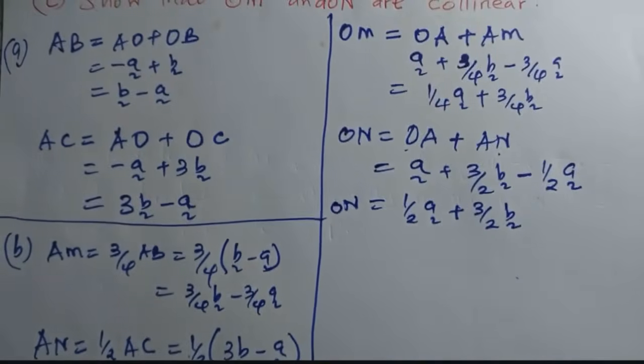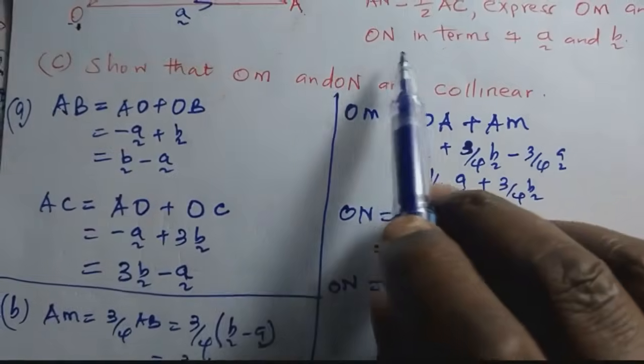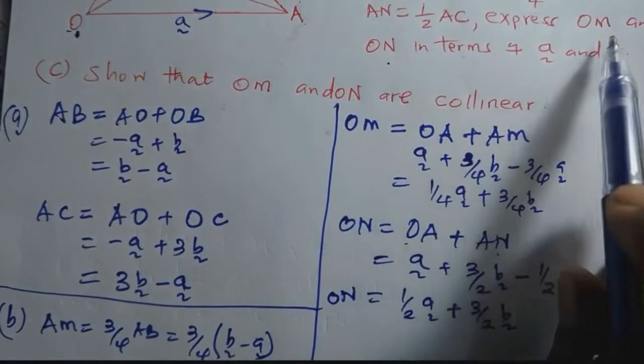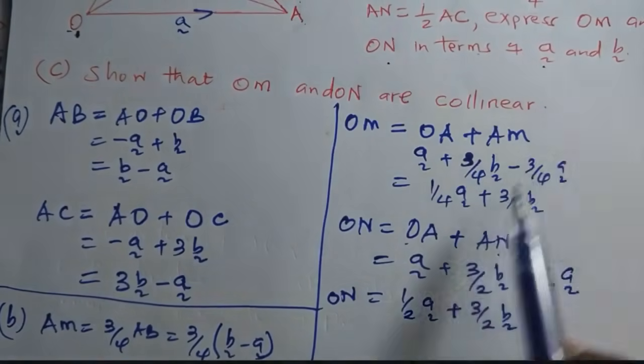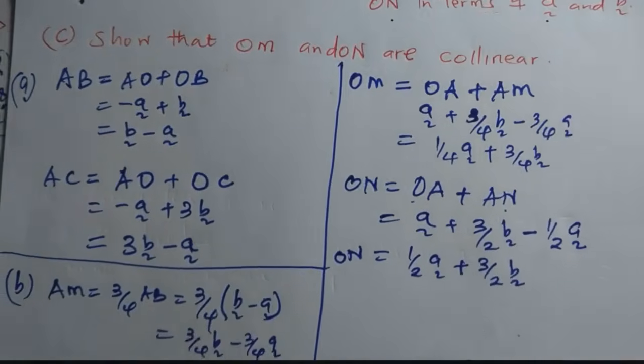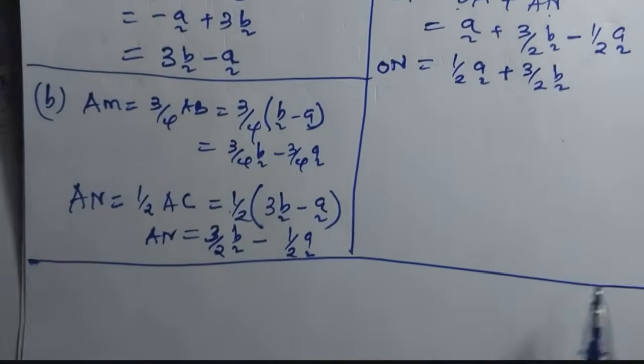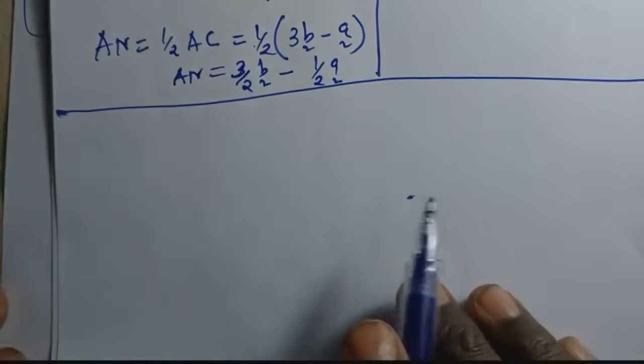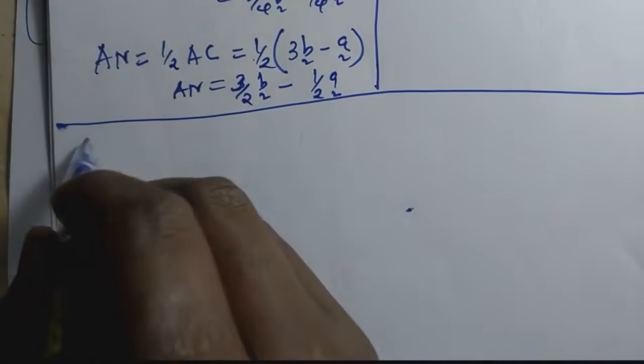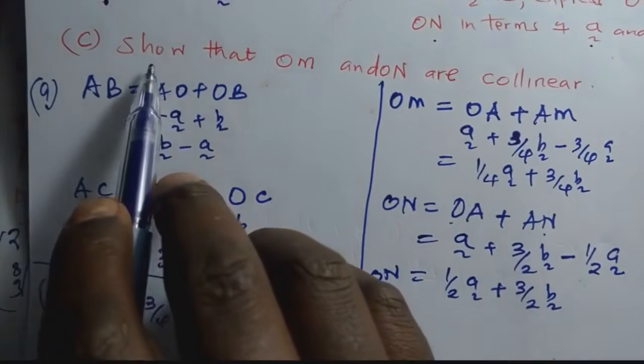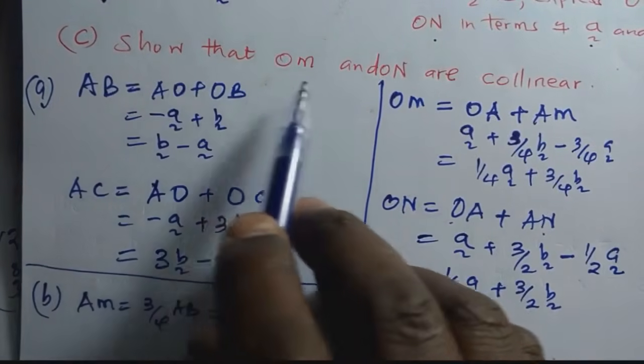We have now answered the question, express ON and OM in terms of A and B. We have done that, and I hope you are following. So now next is part C, to show that OM and ON are collinear.